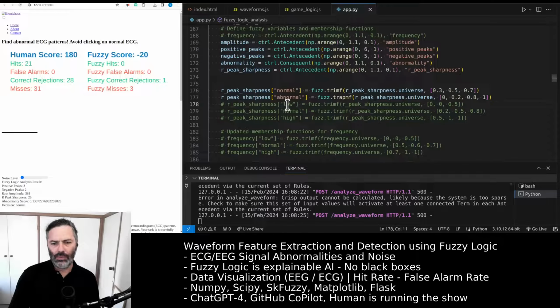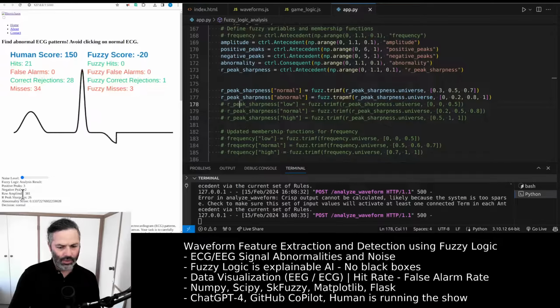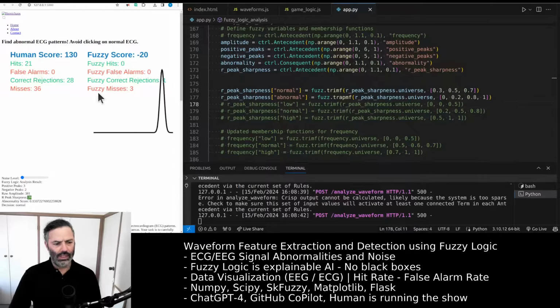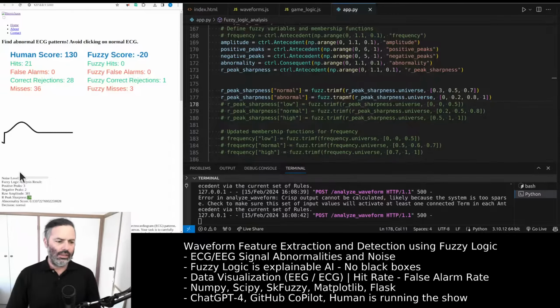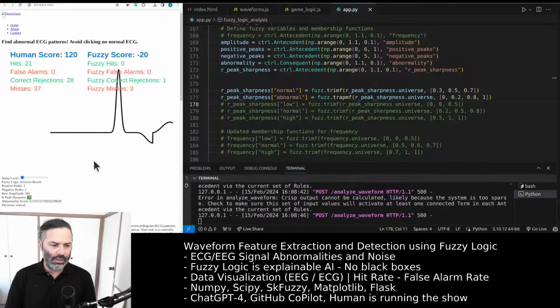So now, instead of just two membership functions, we're adding three: low, normal, and high. We are probably not normalizing it. The R peak sharpness is actually the distance halfway through the peak. So this sharp peak gives a sharpness of 26.